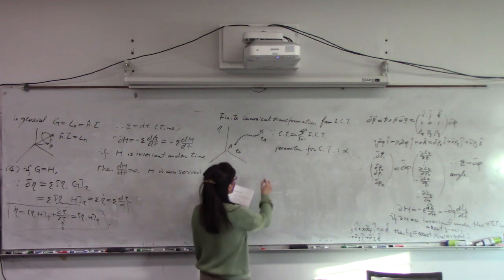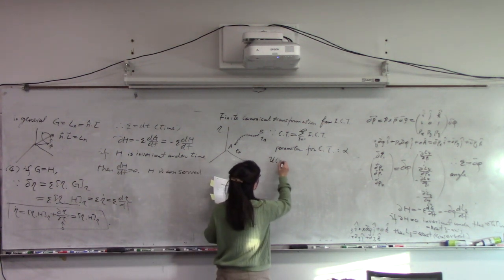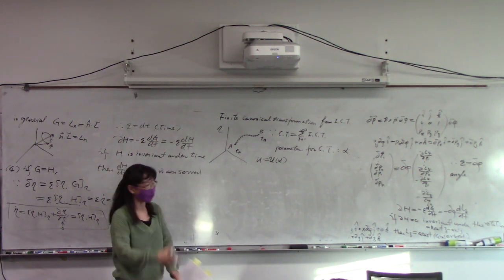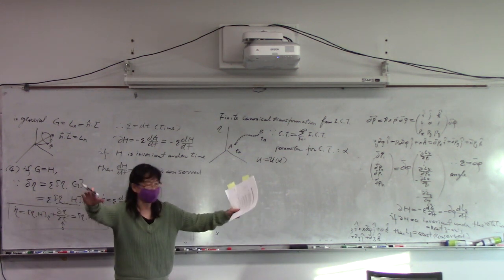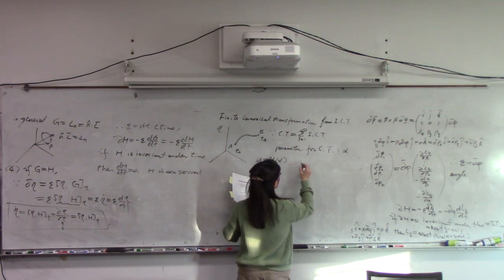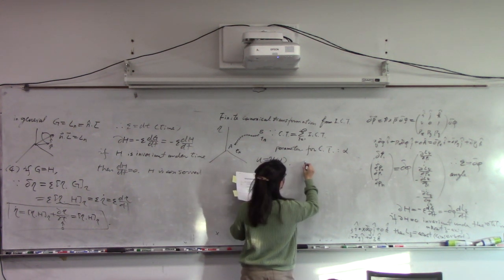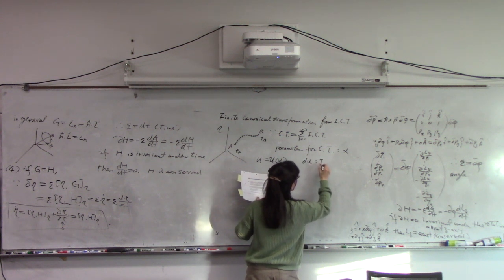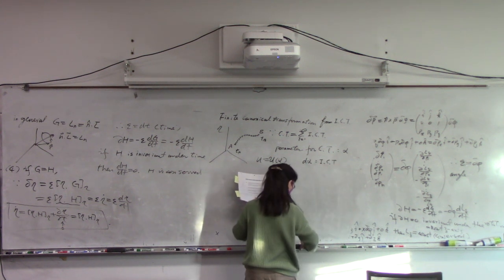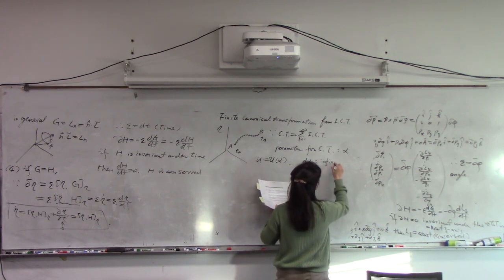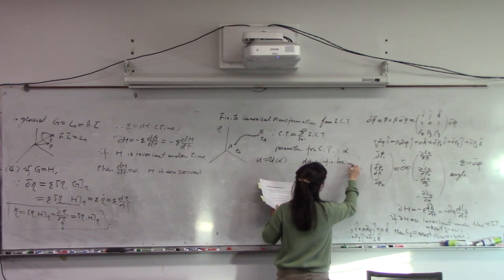So if we say alpha, that means any function is a function of alpha, depending on how much alpha is. So if we divide this, d alpha is an infinitesimal change.